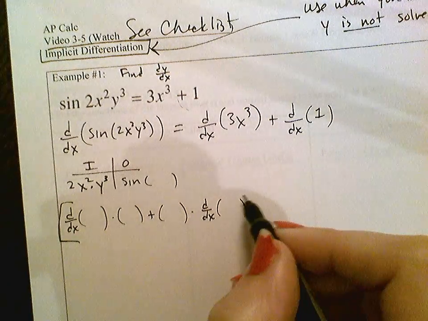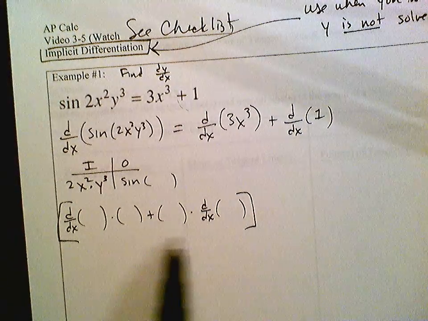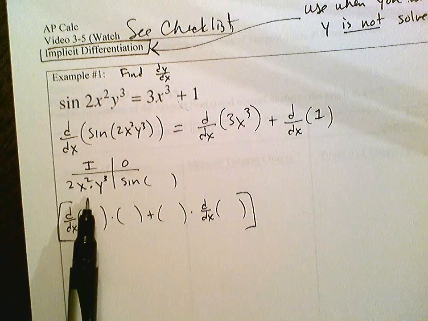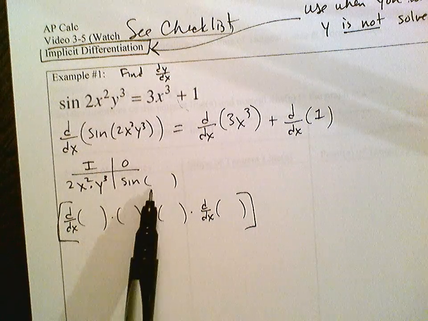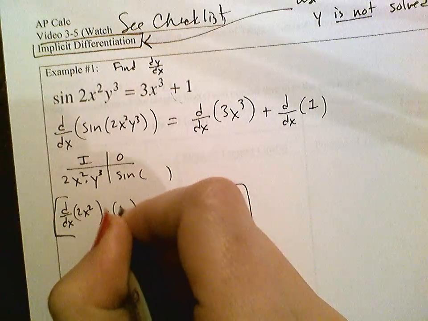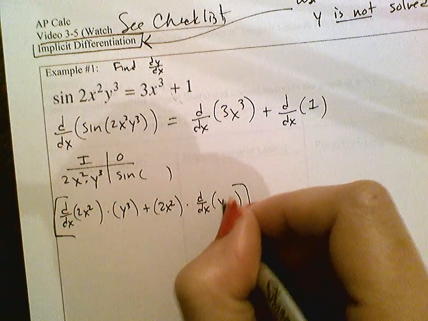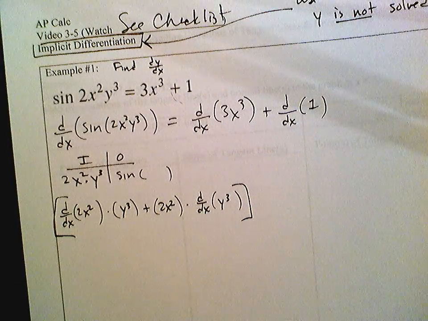And I'm going to do a big bracket around that because this is the derivative of the inside function, and it's going to be multiplied by the derivative of the outside function. So 2x squared y to the third goes in there.